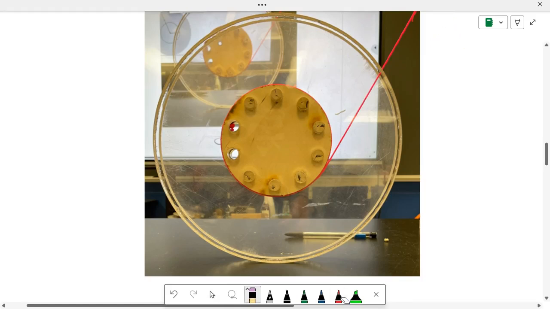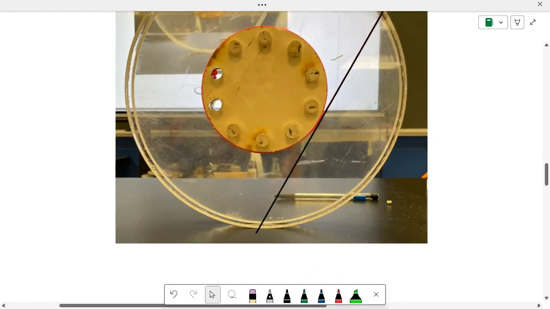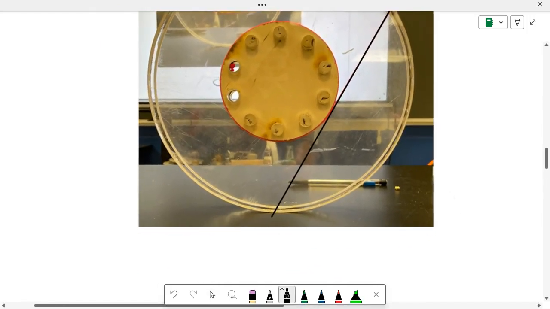If you look really carefully, if I'm careful to extend the line of action of this force, I'll fudge it a little bit, but notice where the line of action goes through.